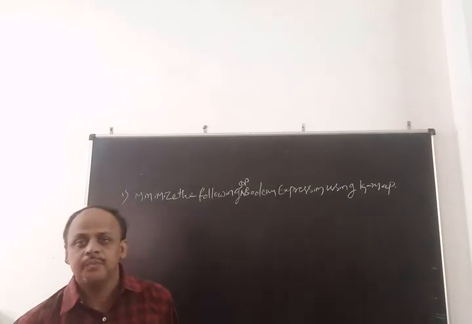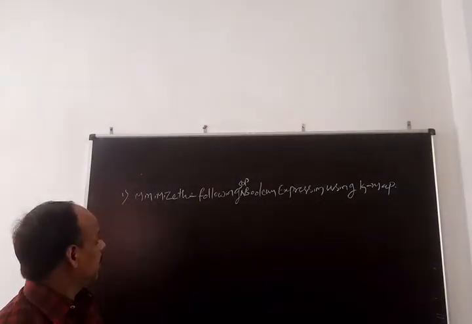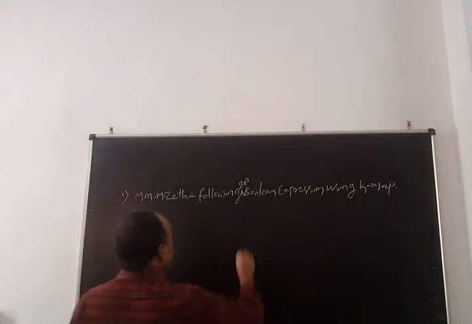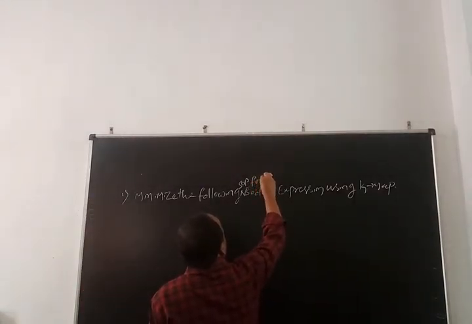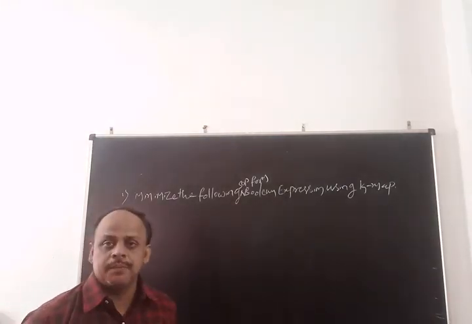This is very important for 5 marks. What is the question? Minimize the following SOP form Boolean expression using K-map.